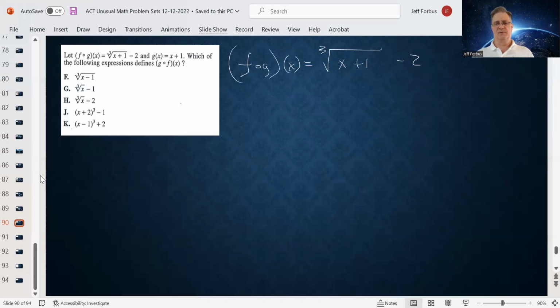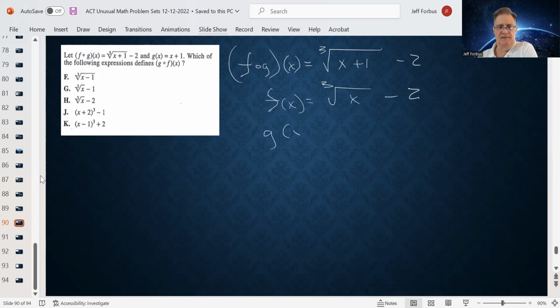We want to deconstruct those functions so we'll know what f of x and g of x actually is. Now, f is composed of g, so g was put into f. So let's figure out what f is. So f of x is actually the cube root of x minus 2.